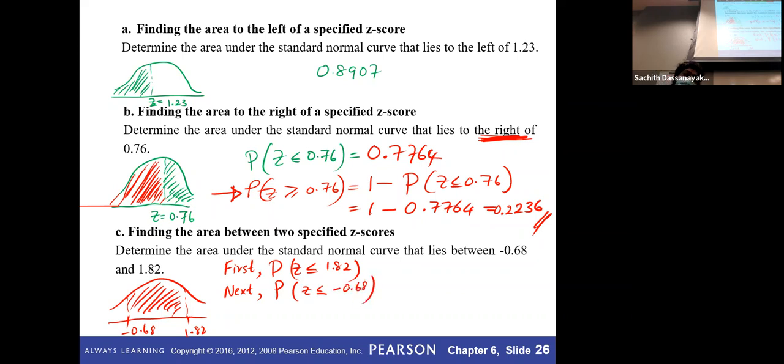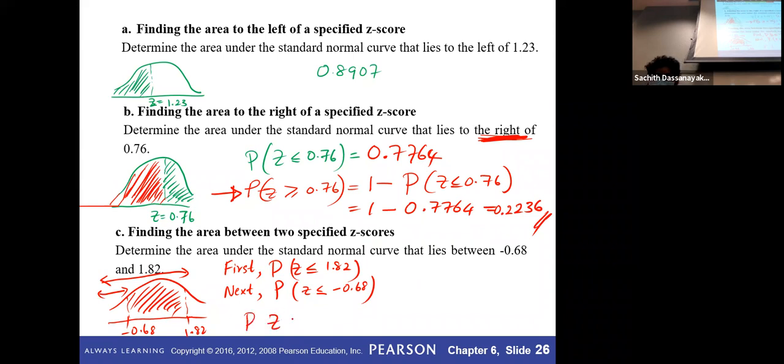You can always find the C value less than something, because the table always gives you the area from the left up to that point. Then what do you have to do? Subtract them.